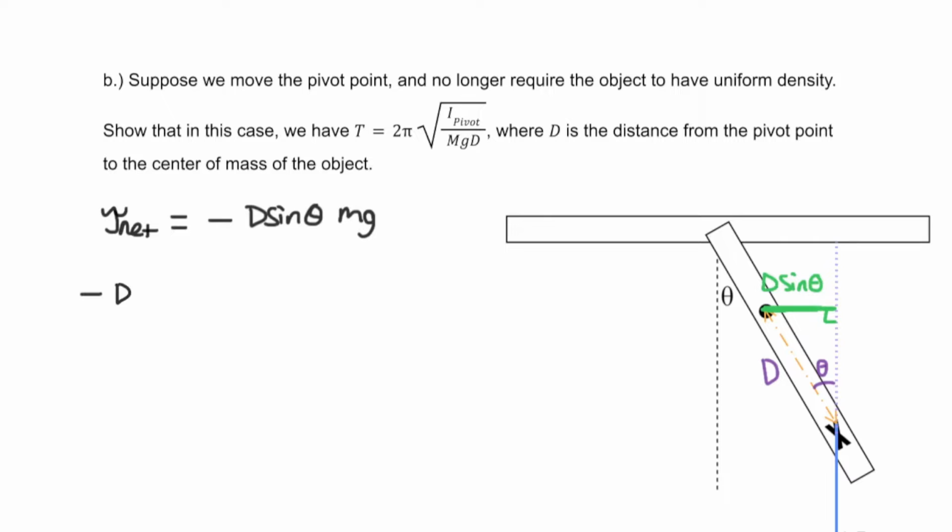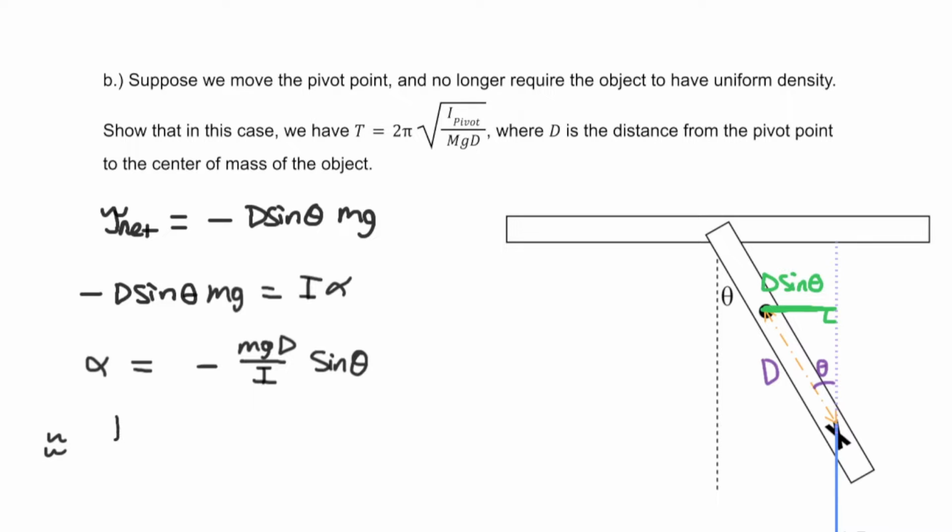So negative d sine theta times mg is equal to I alpha, or alpha is equal to negative mgd over I times sine theta, which is approximately the same as d squared theta dt squared is equal to negative mgd over I times theta.